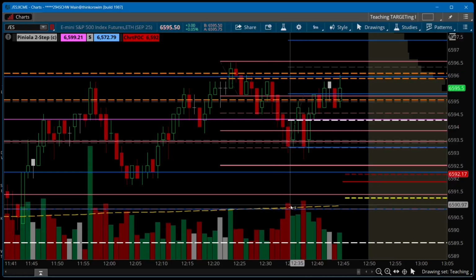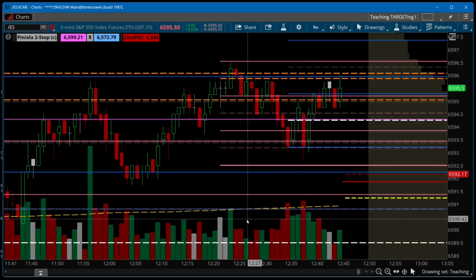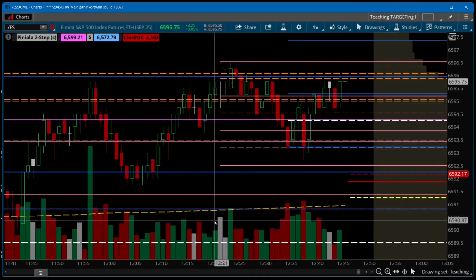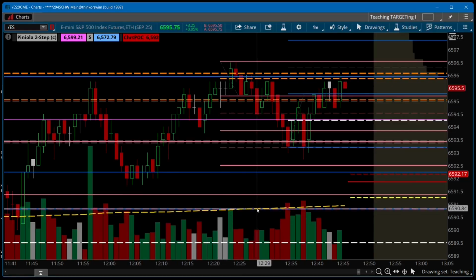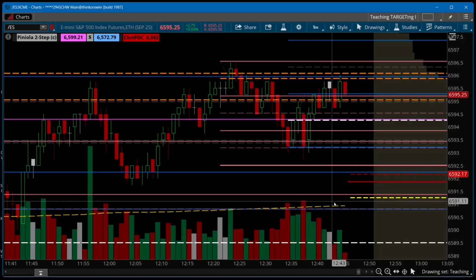The volume is stronger to the downside. It does have decent upward volume, but I think that the downward volume outweighs the upward volume. And this is still a magnet.